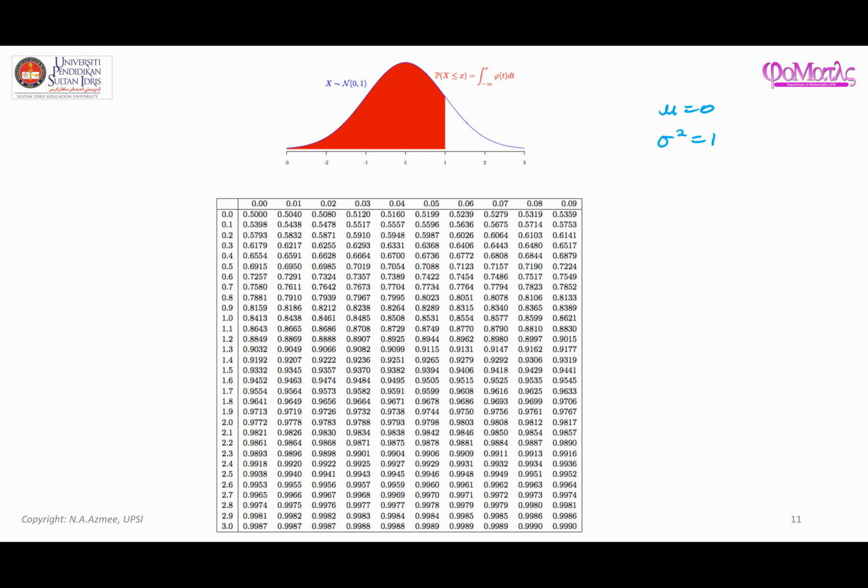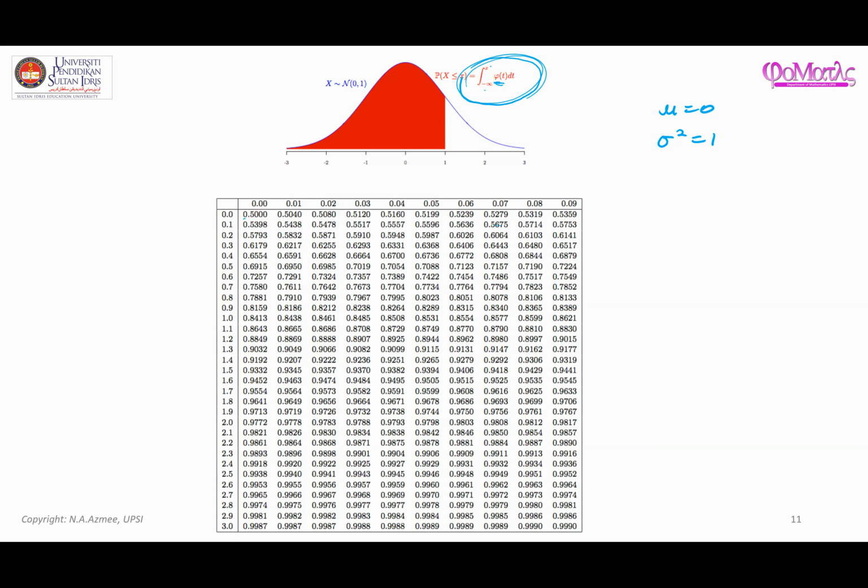If you look at the graph here, the result that you see inside the table is the result of integrating a function from negative infinity to a certain value. So that you don't have to do the integral process anymore, because it's a bit cumbersome, they come up with a table where the values are the results of the integration process.